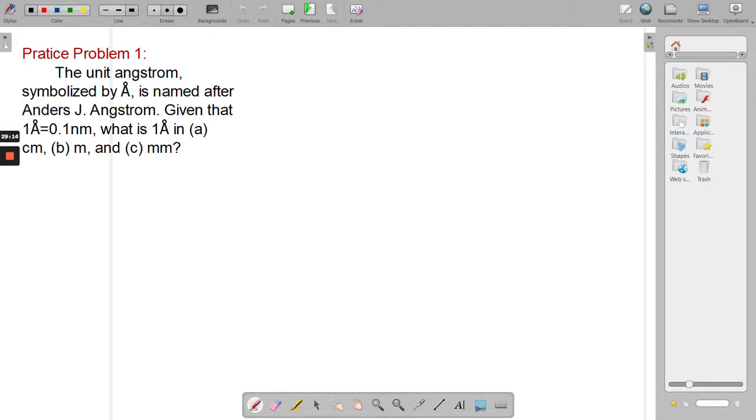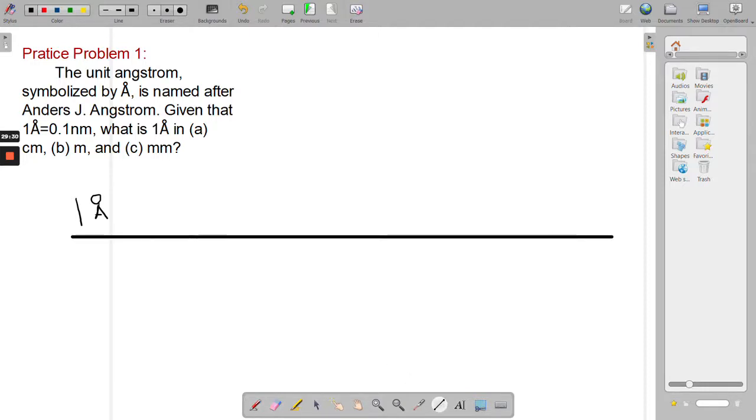Okay, what I will do is first I'm going to write the original unit, which is 1 angstrom, and then I'm going to draw my very long line.